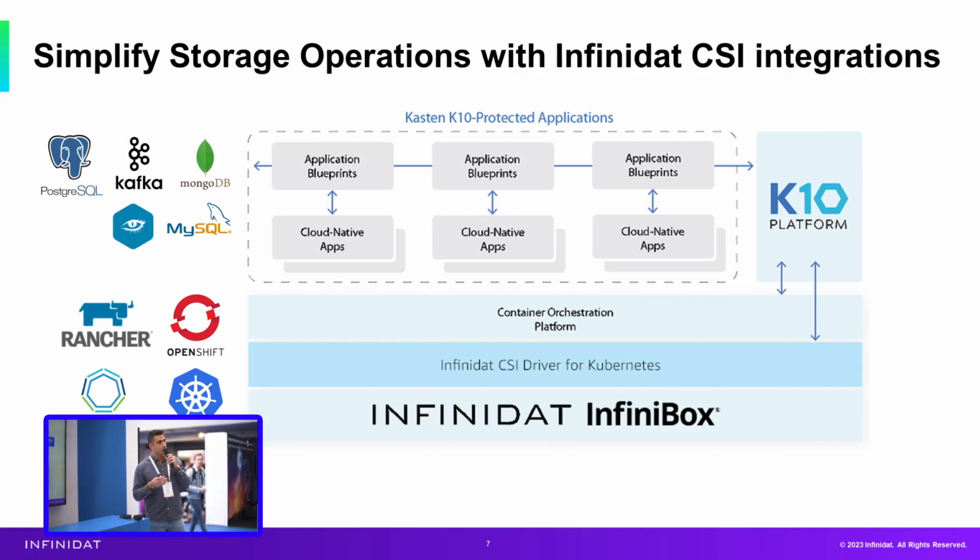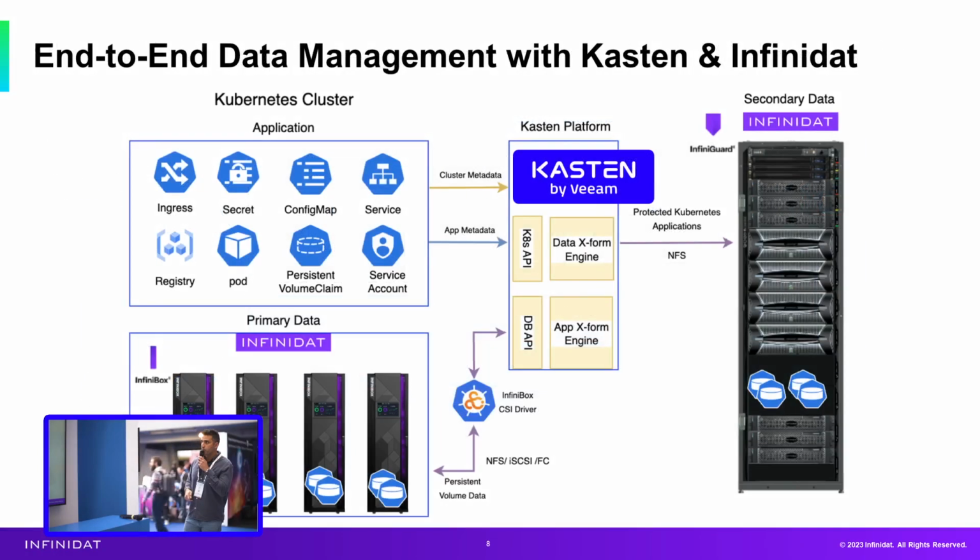For example, if you need to back up a database, how do you do quiescing for the database? This is why Kasten needs to know. Kasten is familiar with applications like Kafka, MongoDB, and others, and this is very good for you guys. This is end-to-end management that Infinidat and Kasten facilitate.